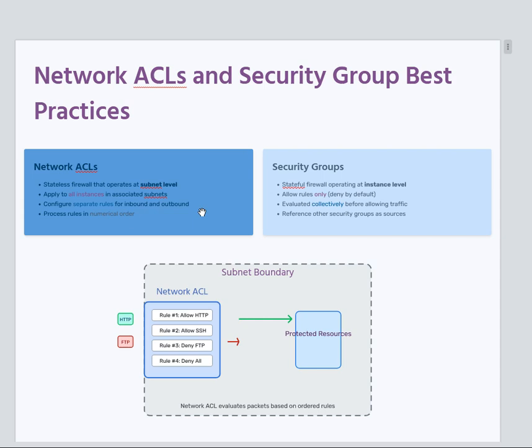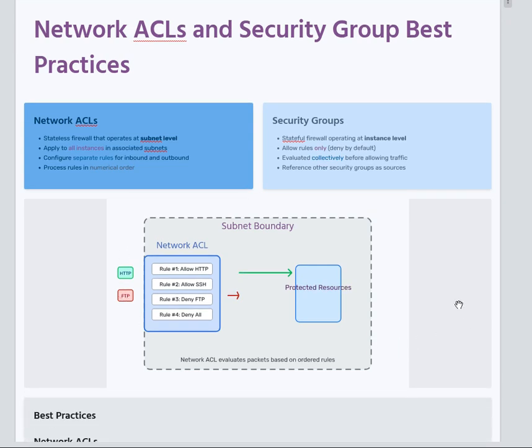Allow rules only. Deny by default, because if something is created from inside to out, that's the only thing allowed. Evaluated collectively before allowing traffic, according to whatever connection they have remembered. Reference of the security group as source, right?